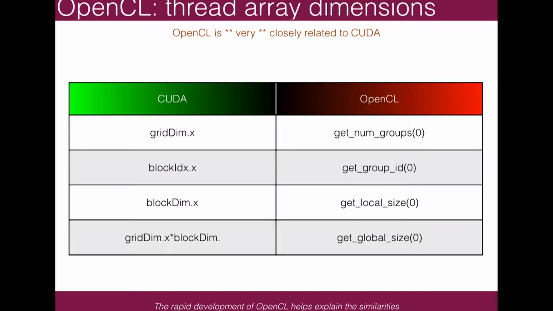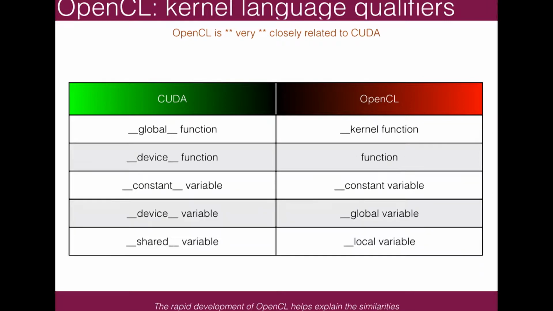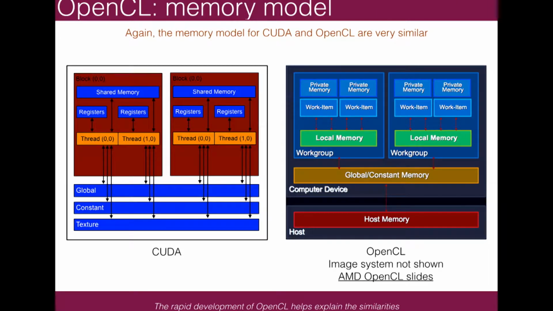You want to find out the size of the grid, you can find out through API calls. So everything has an analog. The function annotation __global__ becomes __kernel. That kind of makes more sense. __device__, which is just a function called from inside a kernel, becomes a plain function and so on. So there's a one-to-one map between the language, and there's a one-to-one map between the memory model.